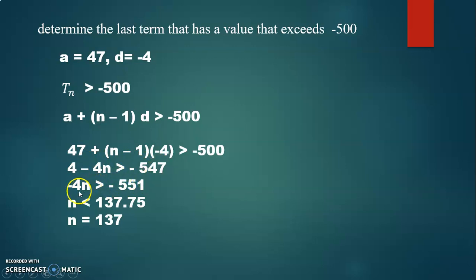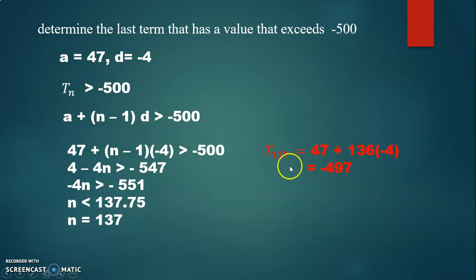I want to get n, I divide by negative 4. Here also divide by negative 4. When you divide or multiply by a negative number, 你的那个 sign 你 got to invert, 你就要把它颠倒过来, it becomes less. So that means n 是 less than 137.75. n should take a positive integer, right? So n equals 137.